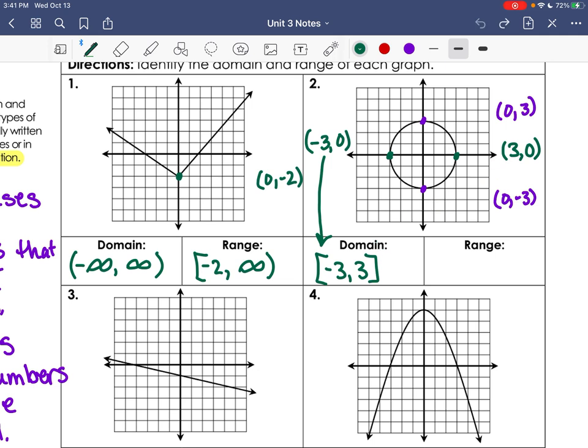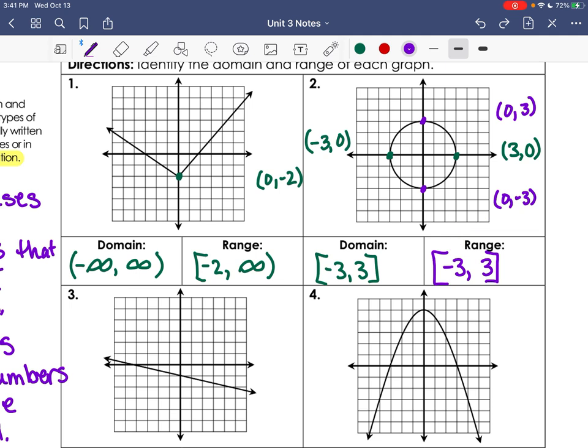And then on the range, we're going from the bottom, which we go down to negative 3, to the top, which we go up to 3, and we can touch both of those. Those are literally on that circle. And so you can see that we got those numbers from the y values of those 2 points.